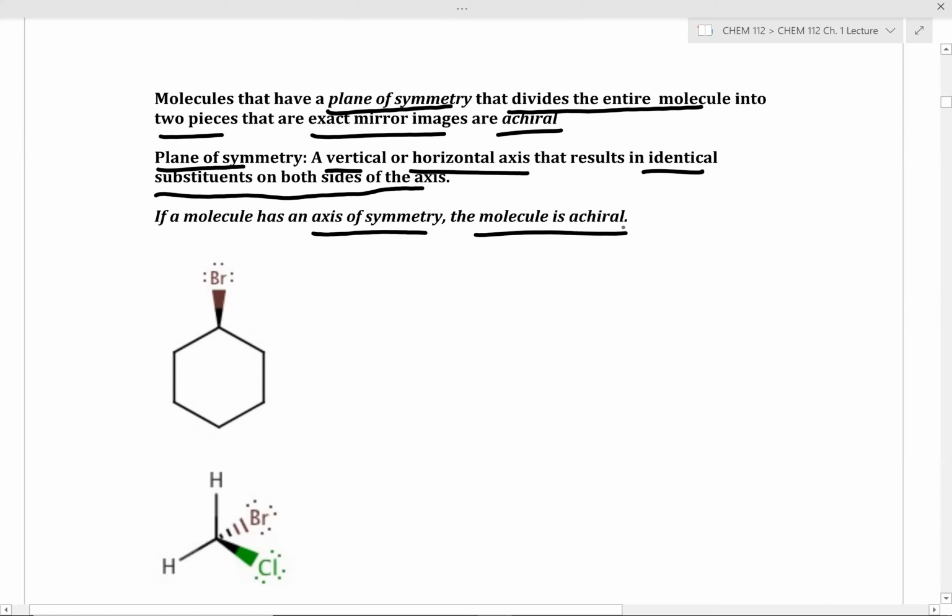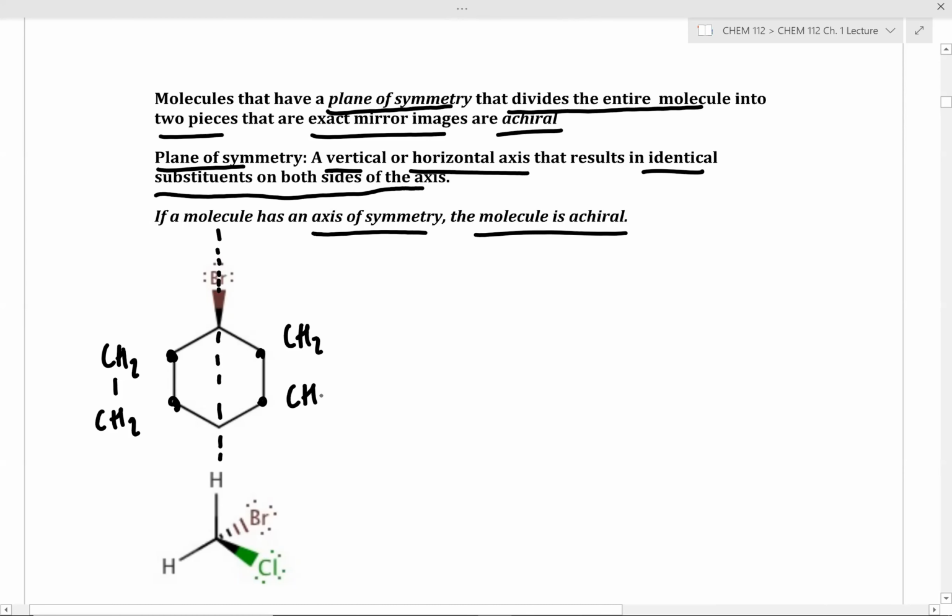So, for example, in the following structure, we can draw a vertical axis of symmetry, and on the left and on the right, we see we have a CH2 and a CH2 on the left. We have a CH2 and a CH2 on the right. So this center and this molecule is achiral. Remember when we brought up this idea that attached to each carbon, we must have a total of 4 unique substituents.